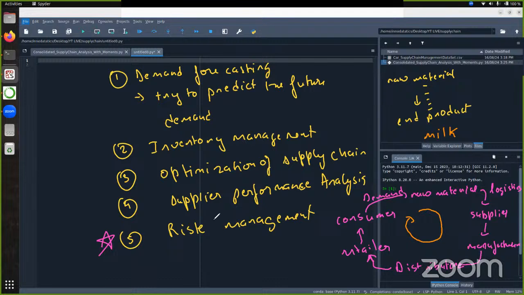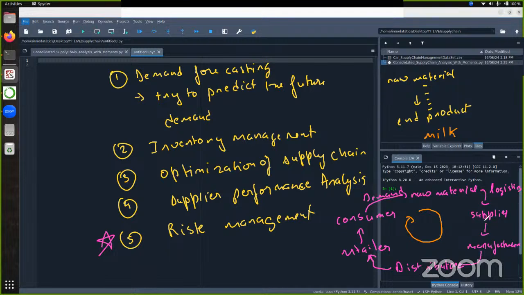So, if there is disease, then your raw material itself is impacted, right? The raw material in itself is having some issues. So, your entire process is disrupted. So, you need to optimize the entire step, starting from raw material.